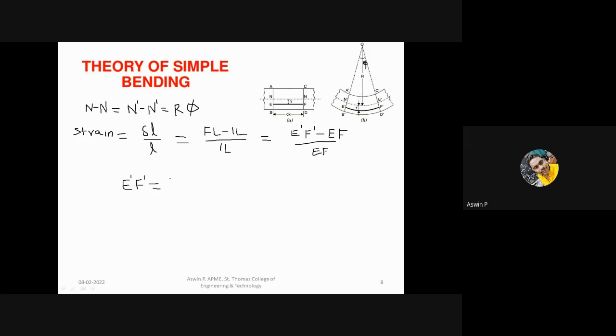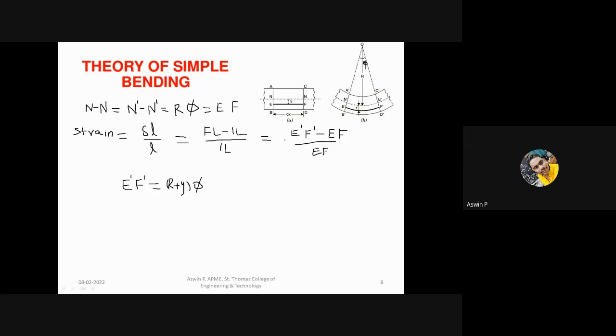So E dash F dash will be R plus Y into phi. And we have already mentioned that this term will be EF, since NN is equal to EF.